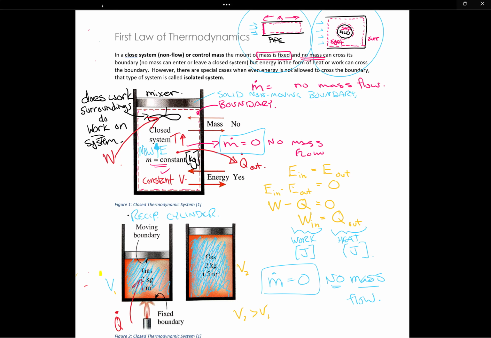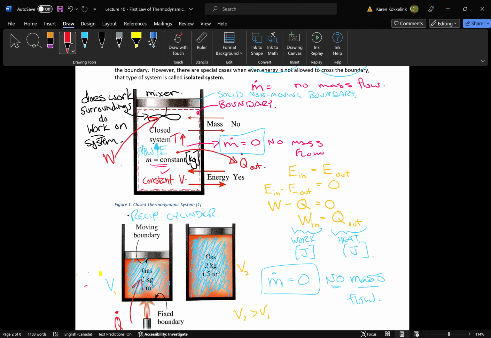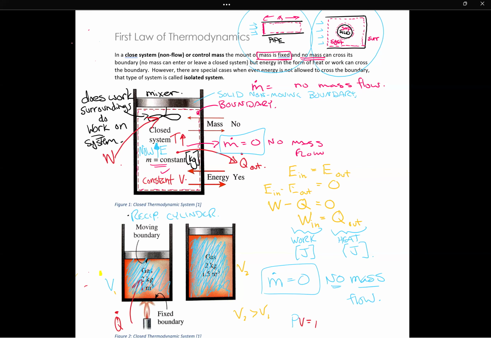What's going to change? Well, ideal gas law. Ideal gas law says PV equals nRT. If the temperature is changing, then you must have a corresponding change in volume. So V2 is greater than V1 here. And then how do I form that into an energy equation?